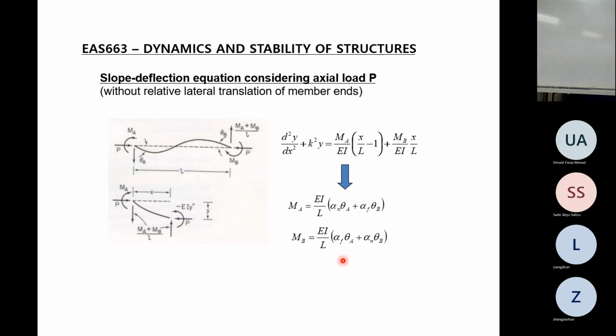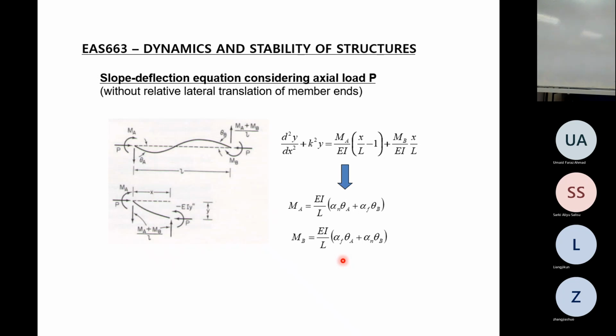And later I will show you where these equations come from. I think it starts from the governing differential equation, where we cut through this deformed shape, write down the differential equation, solve it, and then finally we come to this set of equations.